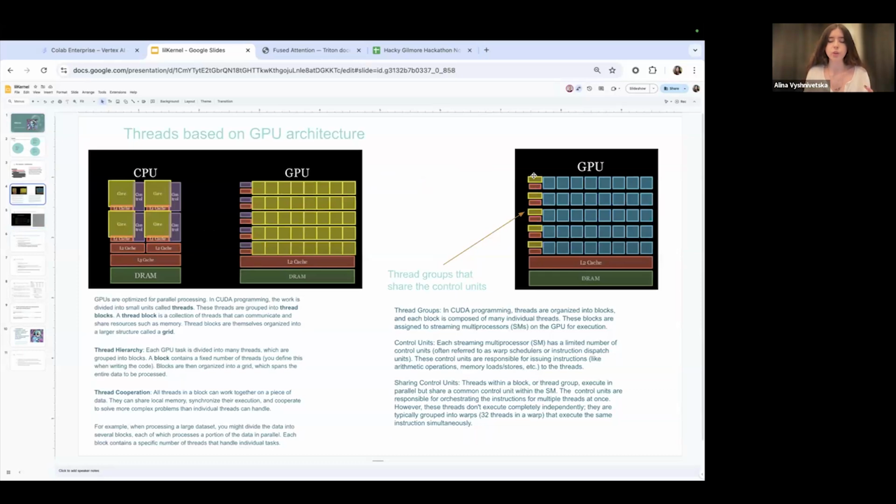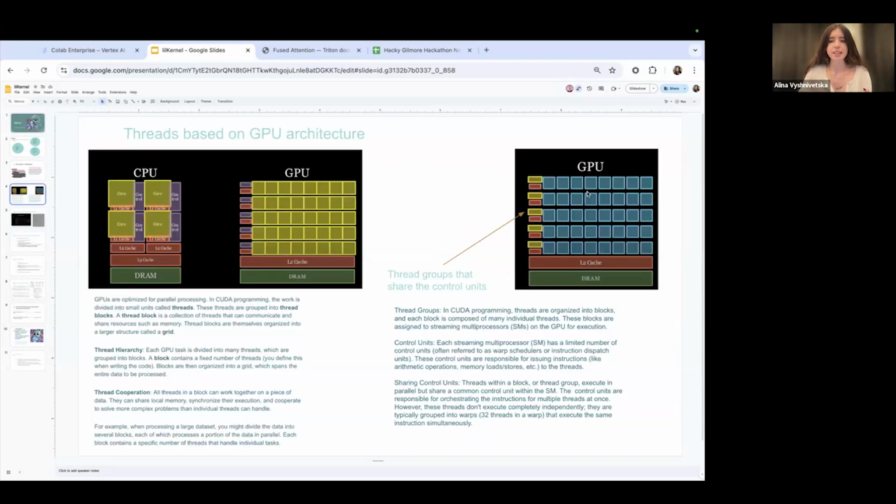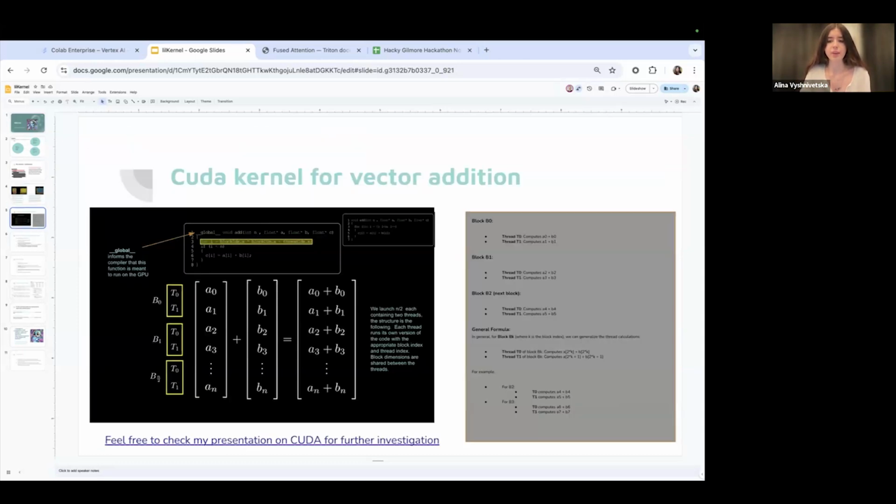So we have a lot of cores on the GPU, and we divide the calculations this way so that you run operations in parallel, and every core will be in execution, and that's why it's efficient.